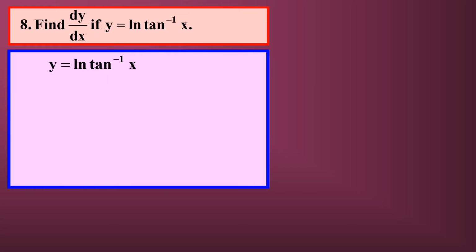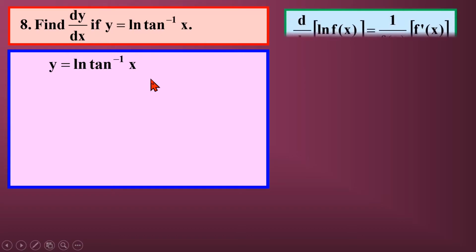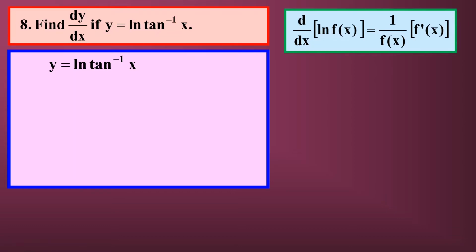In this question, I have ln and inside the ln I have tangent inverse x. So the formulas that I'm going to need is the ln formula, and again, if you have not seen the differentiation of ln functions videos, please check the link below.